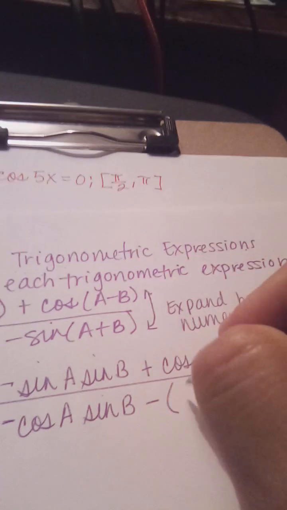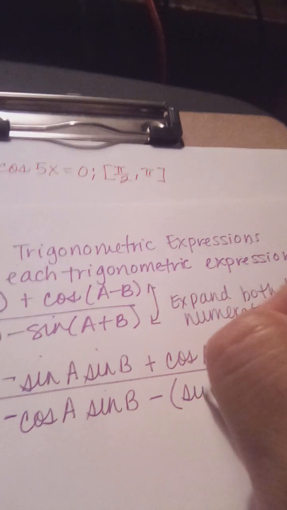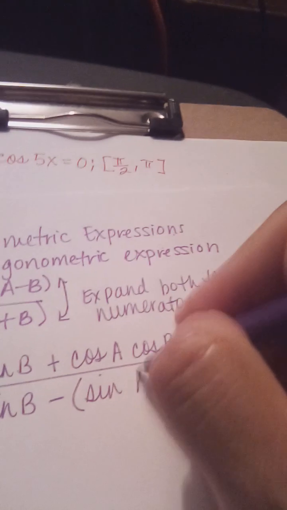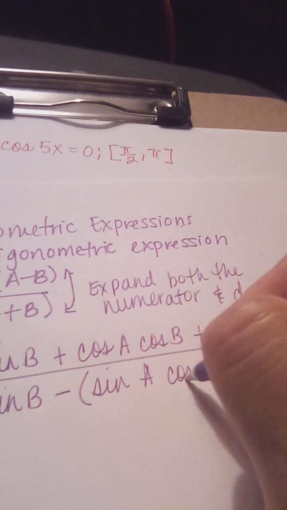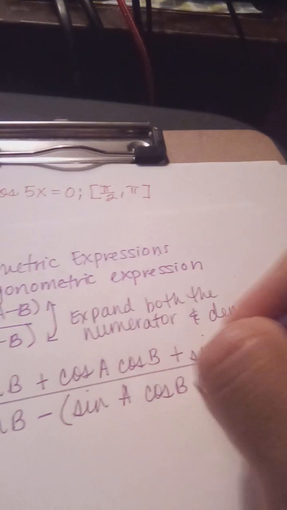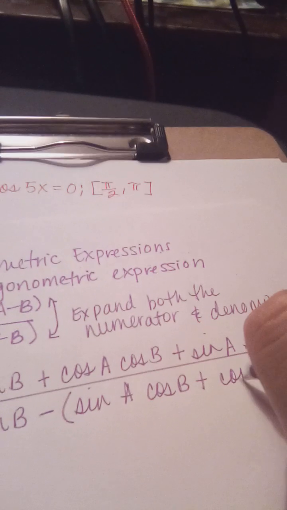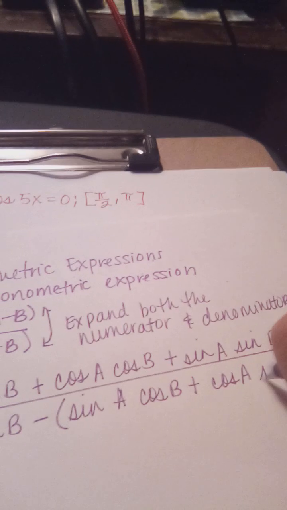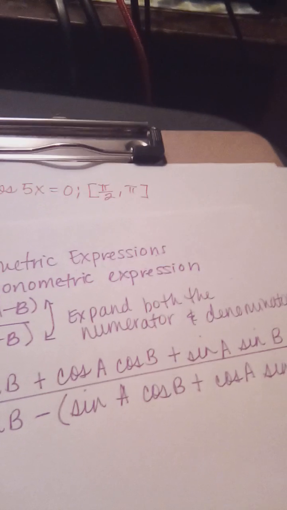Open parentheses, sine A, cosine B, plus cosine A, sine B, close the parentheses. You see the whole thing?